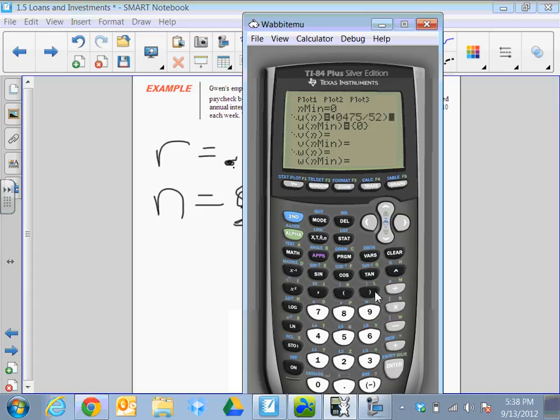So we're multiplying the previous amount times this rate. So it's 1 plus 0.0475 divided by 52. We want to multiply this, so times the previous term.